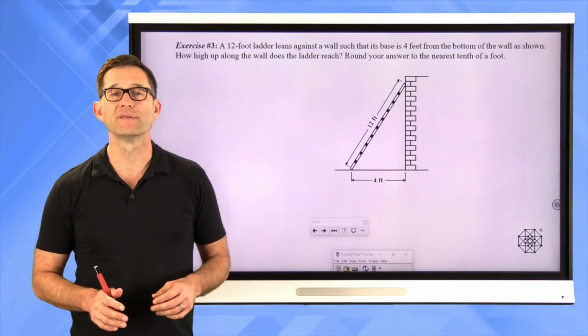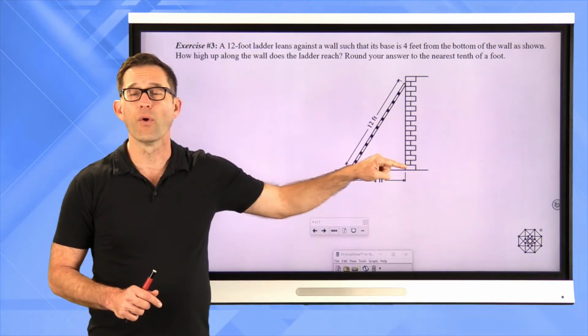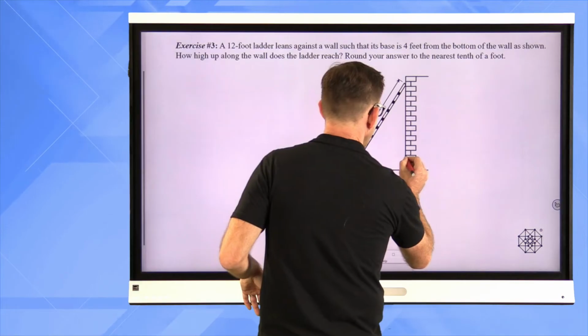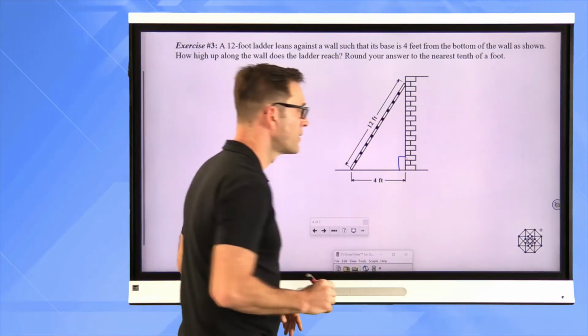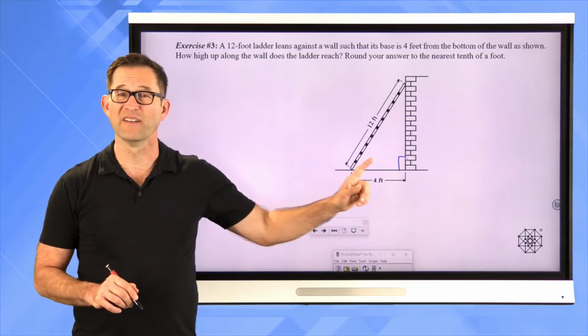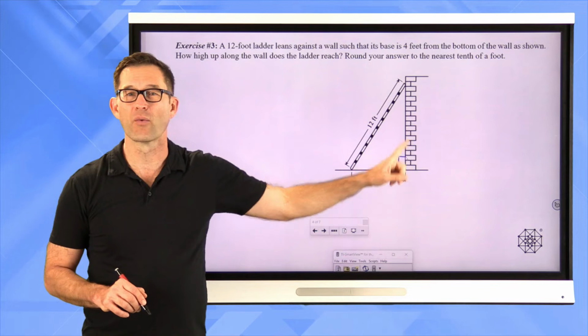Now, in a problem like this, the natural assumption is that the ground is horizontal and that the wall is vertical, and therefore they make a 90-degree angle with one another. That doesn't look like a right angle symbol, but it was my attempt at it, therefore giving us a right triangle right here.